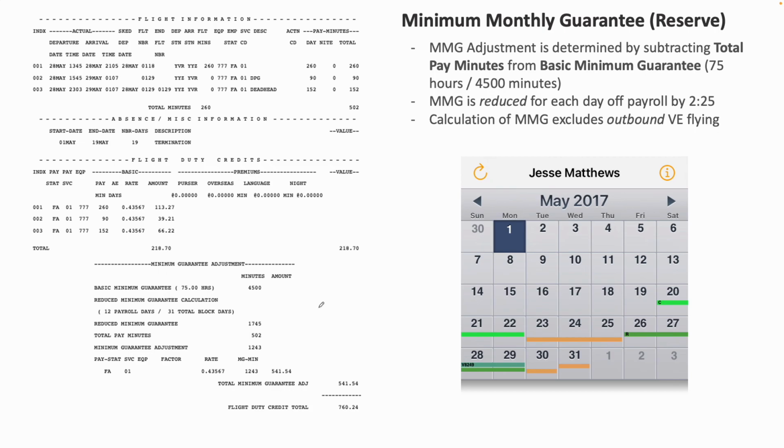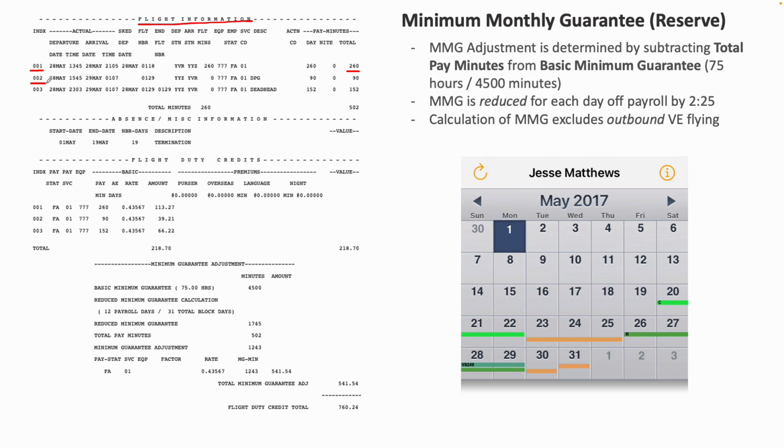So what did I actually do in this month? If we look under flight information, I'm showing 3 activities. These are marked by 3 index numbers. With index item number 1, I had a flight from Vancouver to Toronto, and there were 260 minutes of pay involved with that.